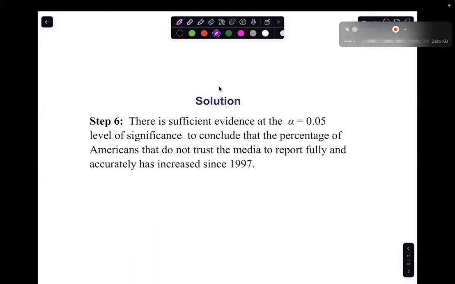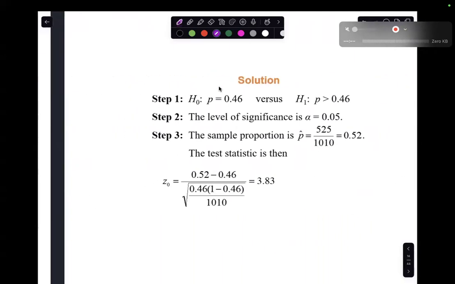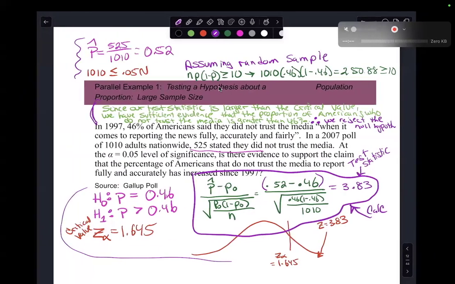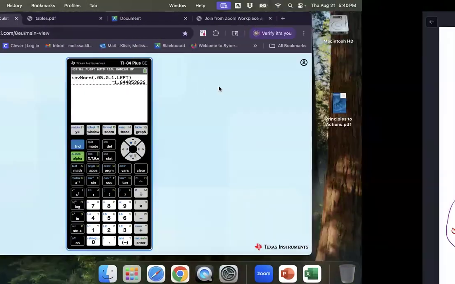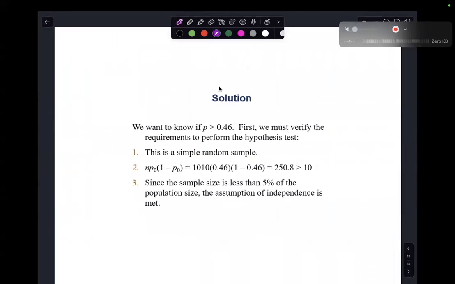So, okay. Now, let me show you the calculator function. You are going to be so happy with me when I show this to you. I'm going to pop back over here because I want the information. Okay. Here is your one prop Z test.